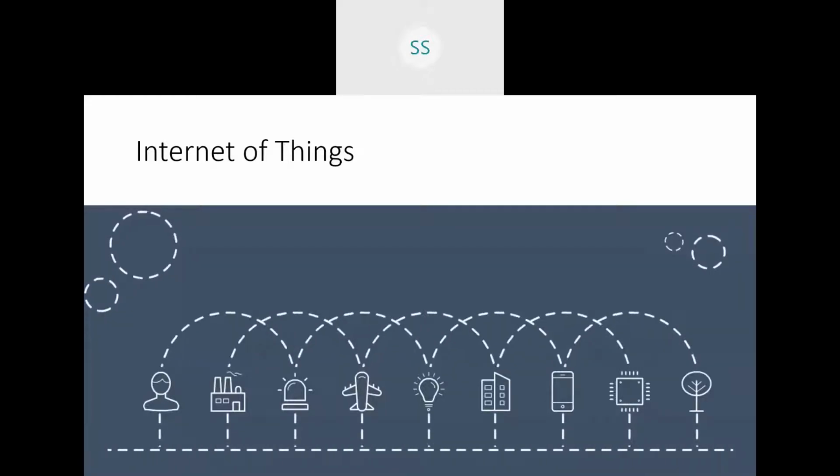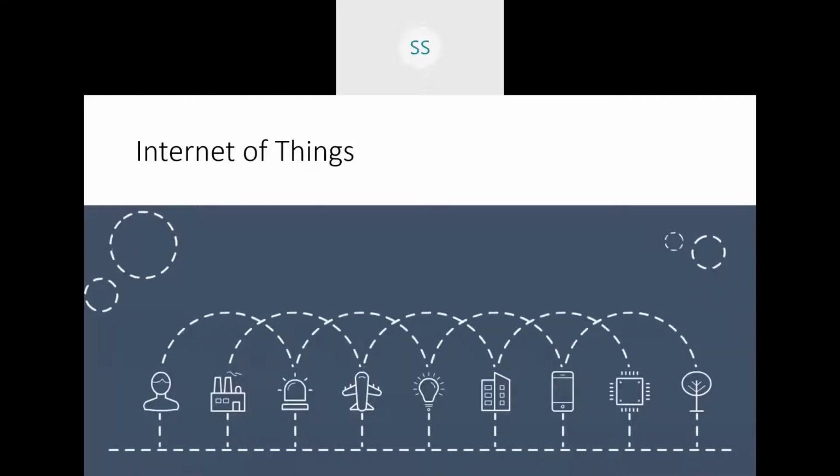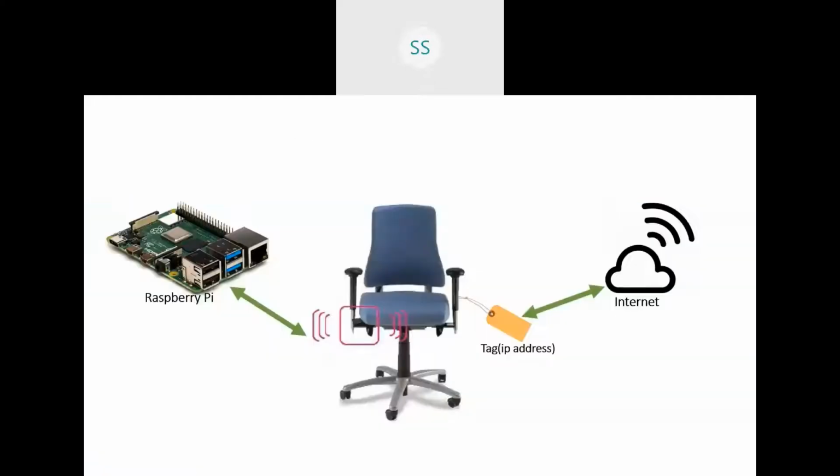If you connect it to the internet, it becomes an Internet of Things. Now the first question is how to connect it to the internet, and the next is why I need to connect it. If I don't know why I need to connect it, then why should I go for how to connect it? It is not required.